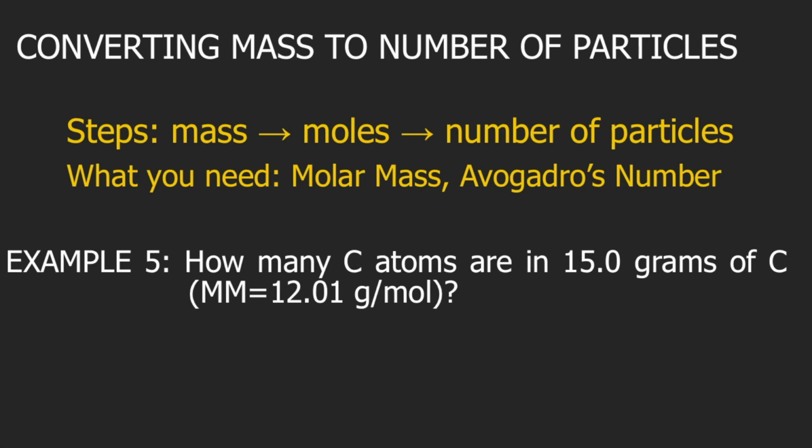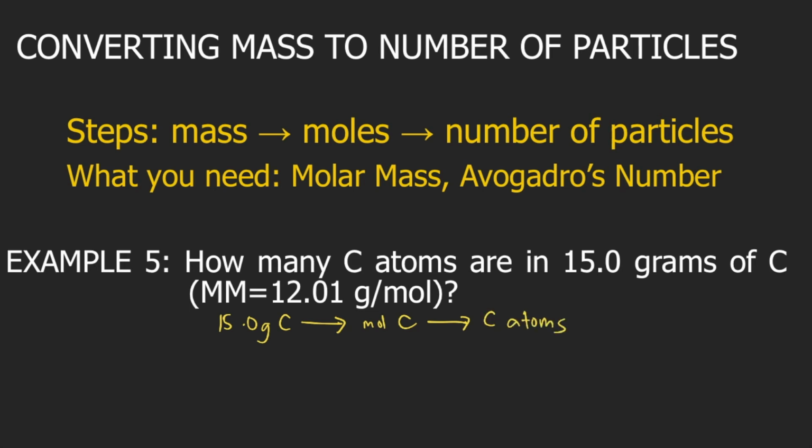So for example 5, how many carbon atoms are in 15 grams of carbon? So we are given 15 grams of carbon. You will convert it first to moles of carbon, and from moles of carbon to carbon atoms.